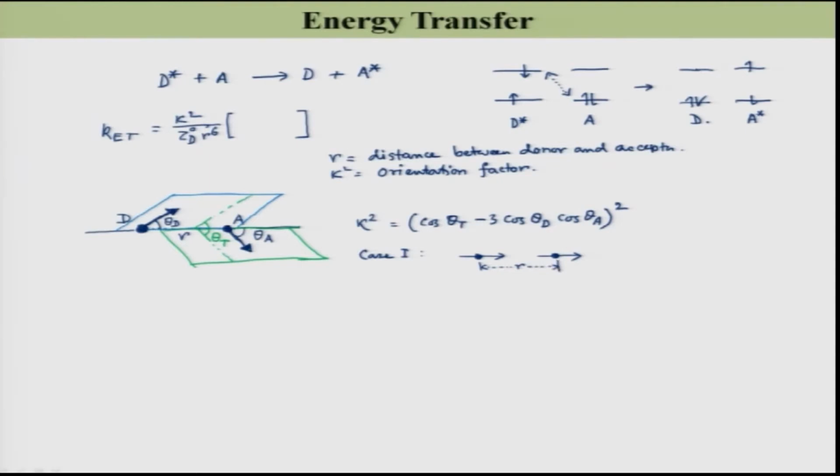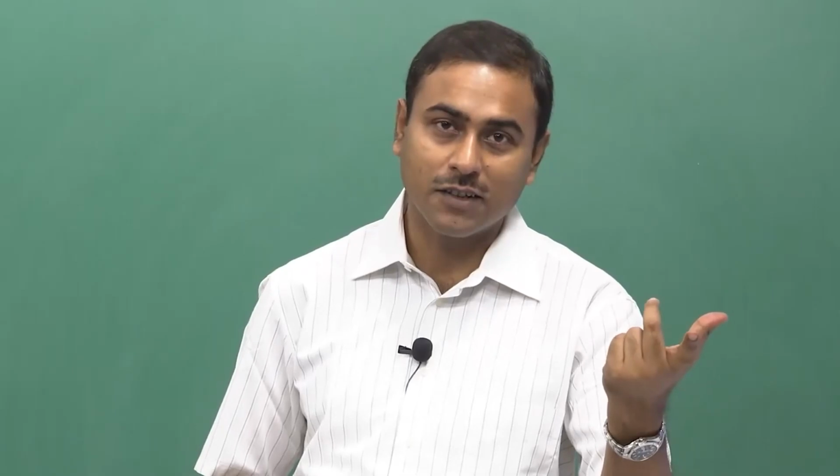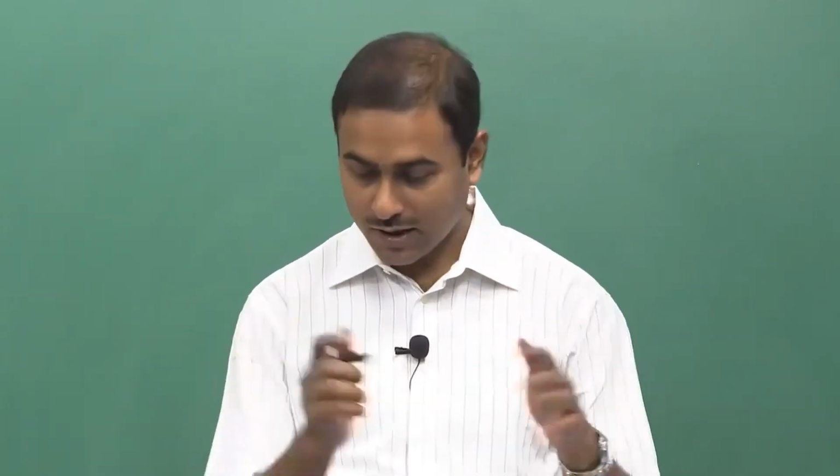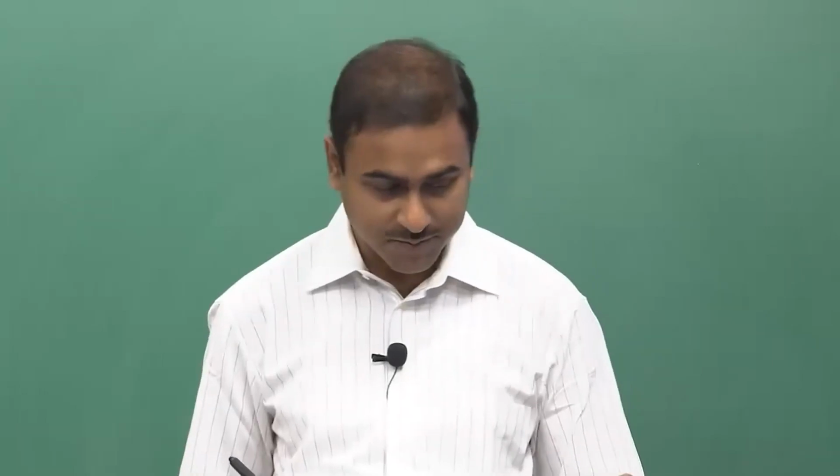Kappa square does not depend on the distance; it only depends on the orientation, but the total K_ET value will obviously depend on the distance. And note that the dependence on distance is 1 over r to the power 6, so a little change in r will change the K_ET value enormously. I will come back and explain all those things in detail.